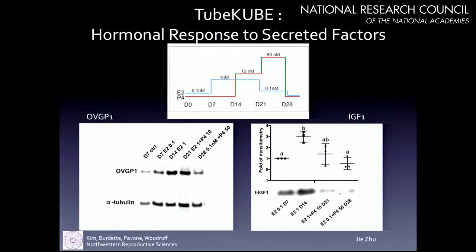We are also able to measure secreted factors via the fallopian tube. The important ones are oviductal glycoprotein 1, which is indeed regulated by estradiol, as well as estradiol and progesterone. And also IGF-1, which is increased with estradiol during the initial 14 days of culture, and then that is diminished in response to progesterone. And so we have some secreted factors we can measure, and we have some physiological function as well.